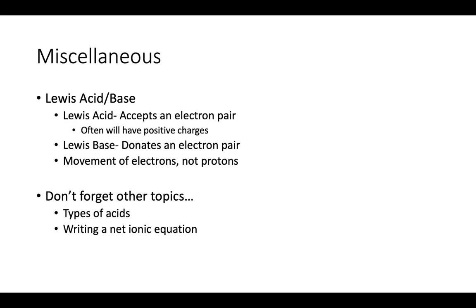This definition doesn't involve the movement of protons, but rather the movement of electrons. The definition we typically use, where we look at the movement of protons, is the Bronsted-Lowry acid-base definition.